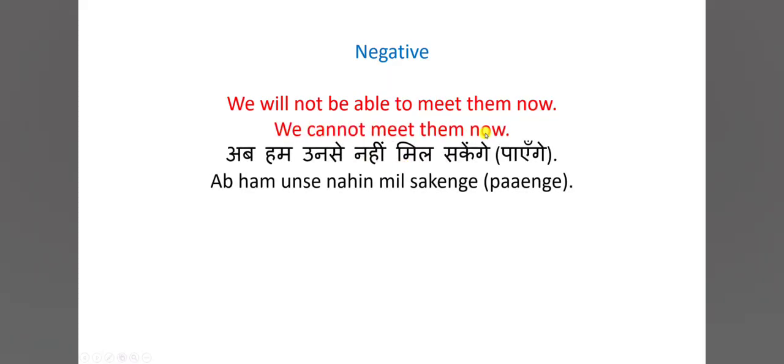We cannot meet them now. अब हम उनसे नहीं मिल सकेंगे. अब is now, हम is we, उनसे is them, नहीं is not, मिल is meet, सकेंगे is will be able to or can.